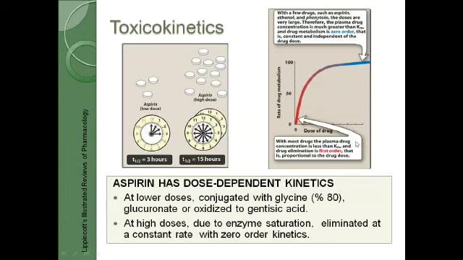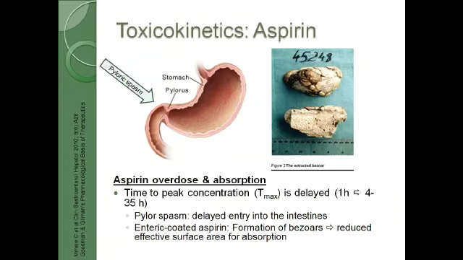With most drugs, plasma drug concentration is less than this Km, and drug elimination is first order, that is proportional to the drug dose. So aspirin at higher doses, as you see, has altered pharmacokinetics.